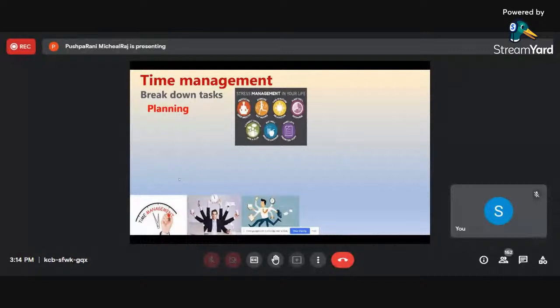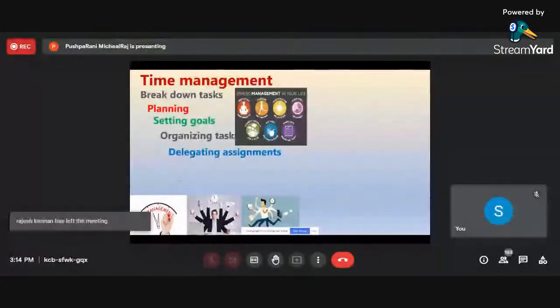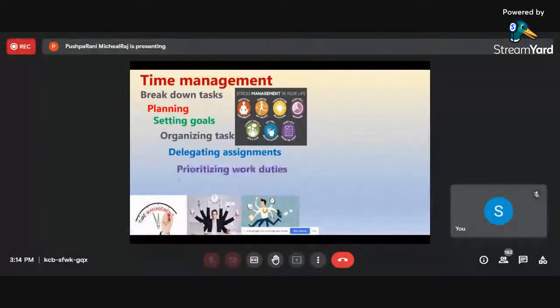Good time management skills include planning, setting your goals, organizing tasks, and delegating assignments. You have students, you have a research team among yourself, so you can delegate small tasks to your subordinates and prioritize your work duties, which one comes first, which is next, things like that.